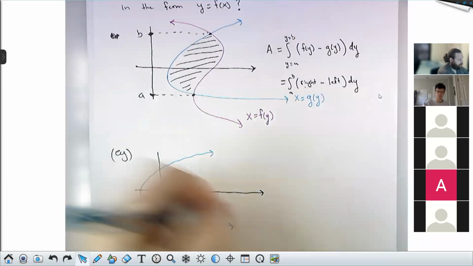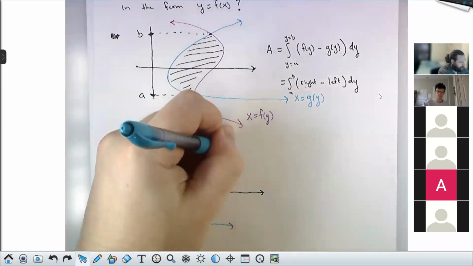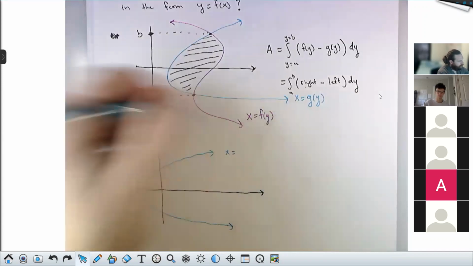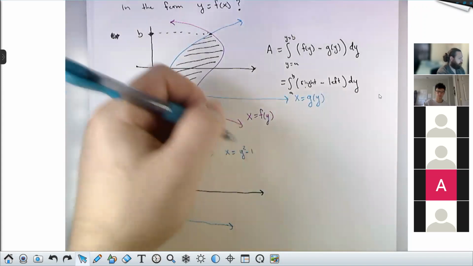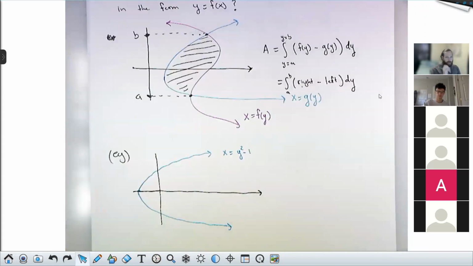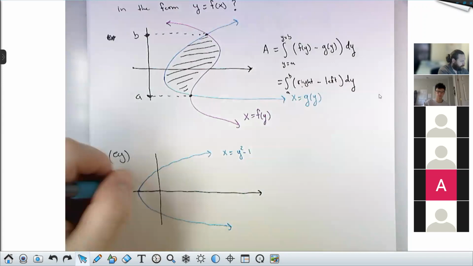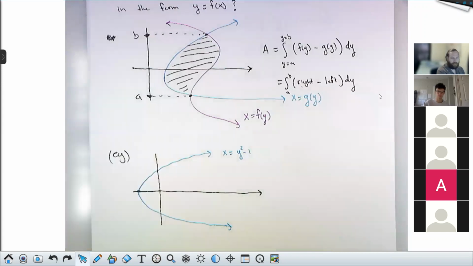Okay, and I'll tell you this guy is x equals y squared minus 1. Right, this is a sideways parabola whose vertex is over here at -1, 0. That is y squared minus 1. One such function.